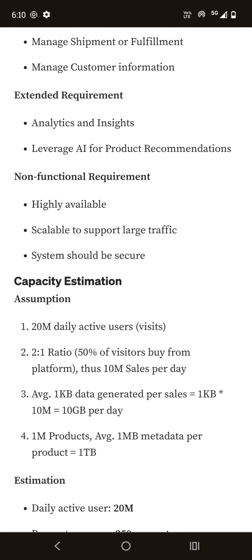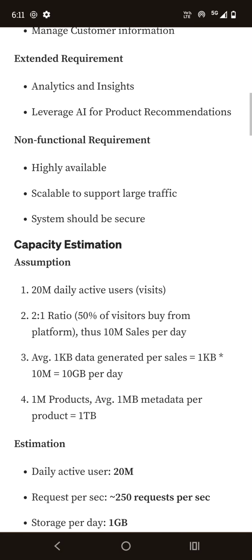You need to understand the core business functionality, how many users are going to use your particular business, how much load will come, and how much traffic will come for your application. Based on that, you need to estimate the storage capacity required for storing customer information or orders information.